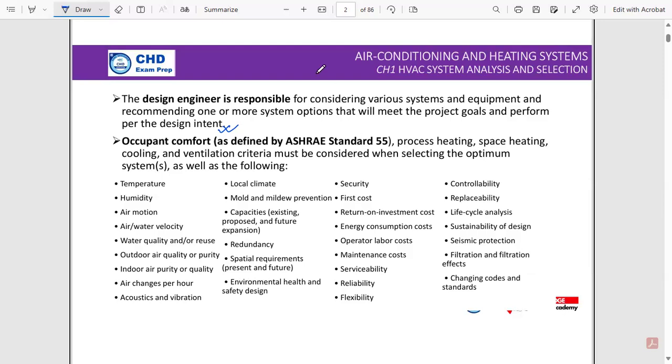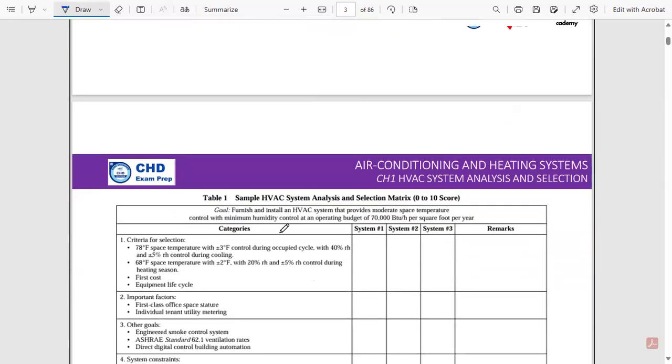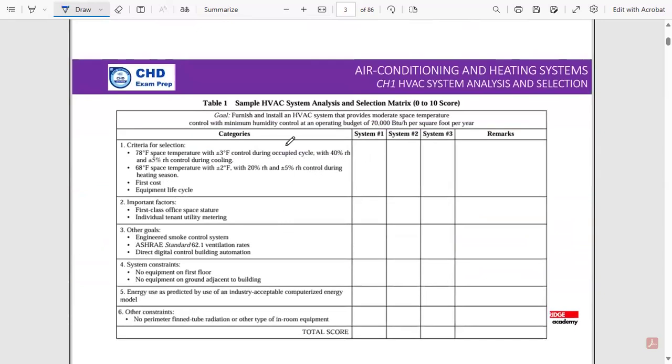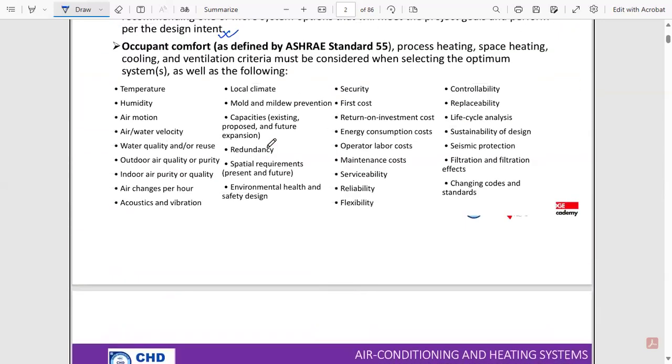That's why it is the responsibility of the design engineer, and the design engineer must be involved at the very beginning of the project, not in the middle of the project. Later on, we will discuss how you can present your data to the customer so that the customer can make a better decision from the available data.